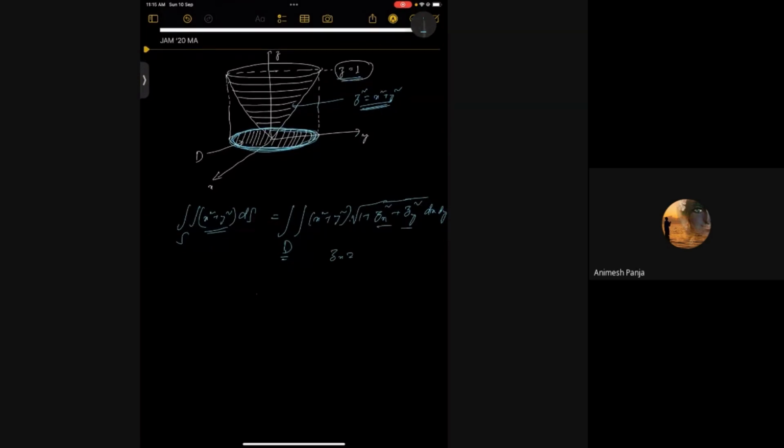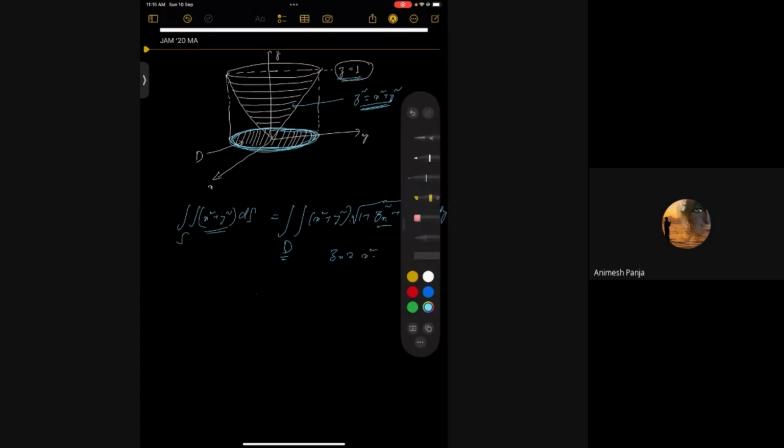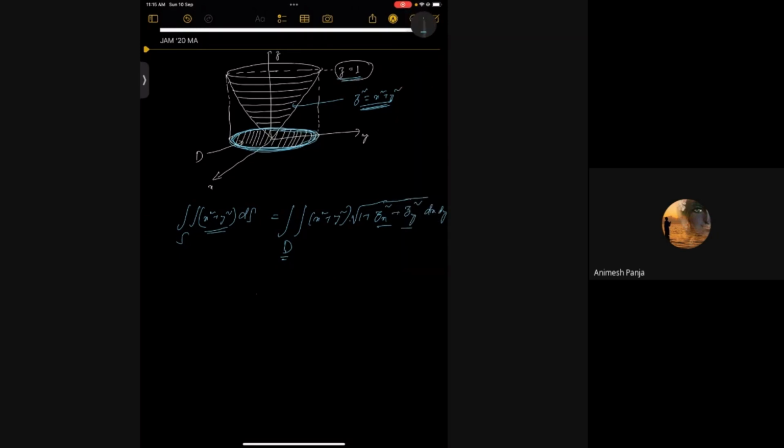z squared is x squared plus y squared, so z is the square root of that. So z_x will be x over the square root of x squared plus y squared. z_y will be y over the square root of x squared plus y squared.